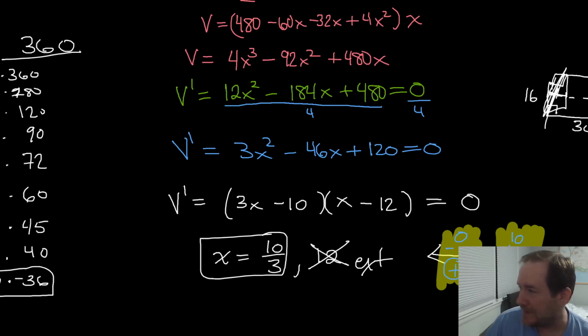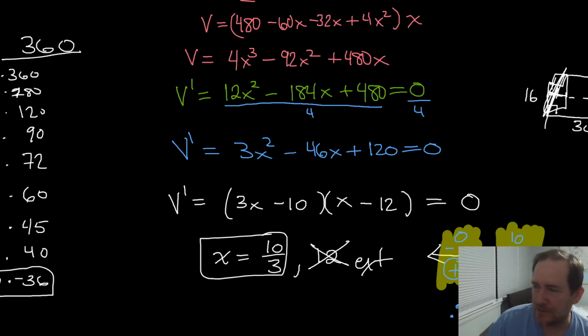We were expecting a negative, because we were trying to go from increasing to decreasing. So 10 gives a positive and a negative, which gives a negative, which is great. That's what we wanted. So we can say, therefore, V has a max when x equals 10 thirds.